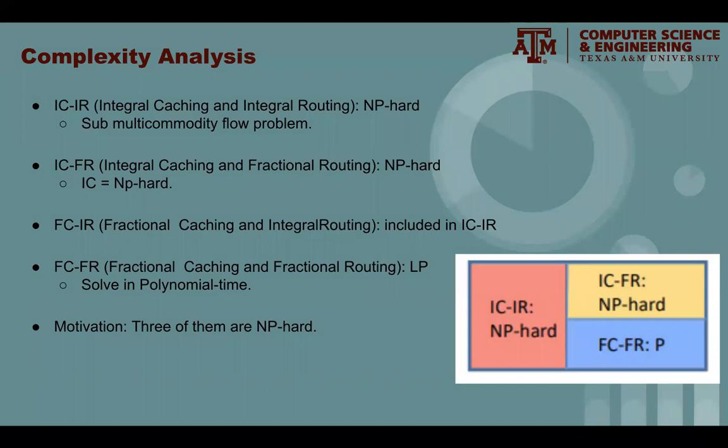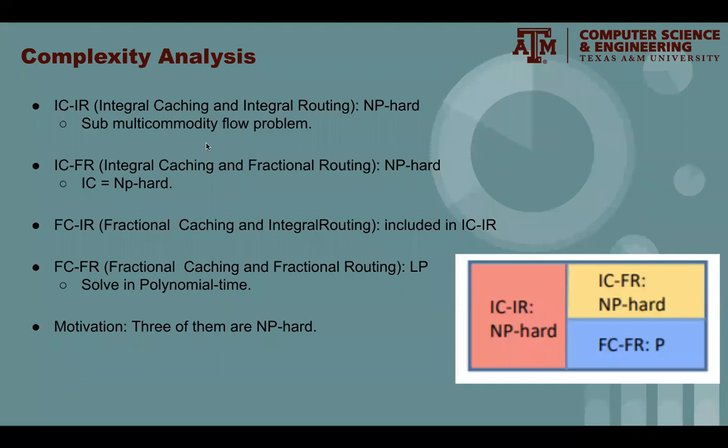So according to each of those 4 problems that can be generated, first one is the ICIR. So it means you select both integral caching and integral routing. And in this case, this is an NP-hard problem, as they prove that the multi-commodity flow problem is an IC sub-problem.